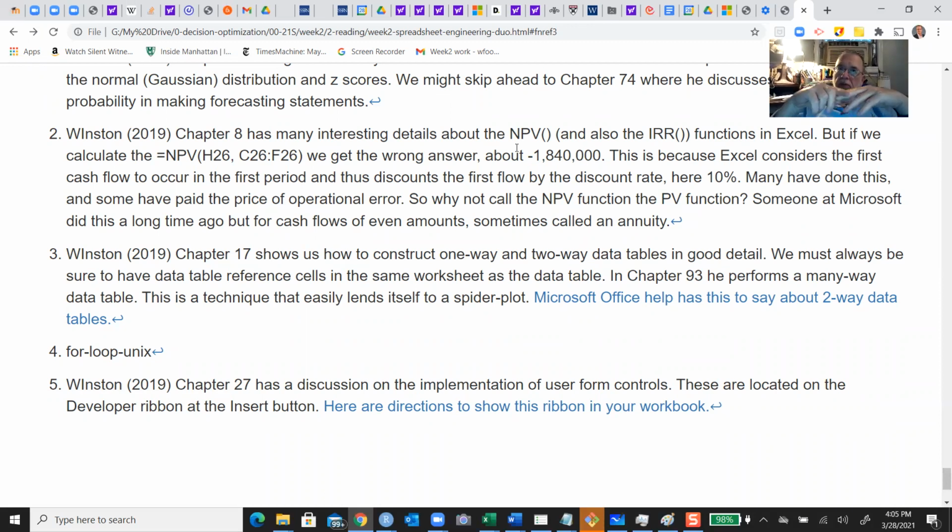So just be careful. It gets confusing, and I've seen a lot of fatal errors made just with this one formula. That's why I like to program my own discounts and growths and everything else, and not rely on somebody else's view of how that should be modeled.